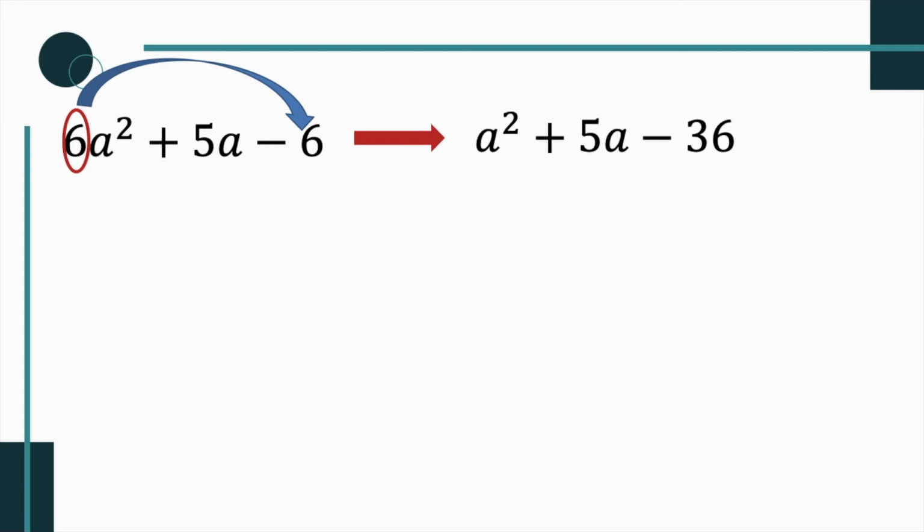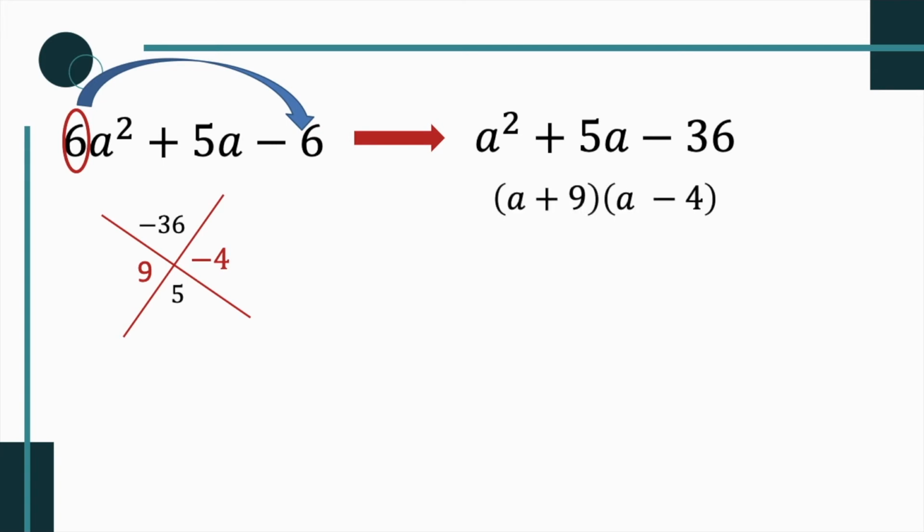Then, using the strategy in examples 1 and 2, the numbers that will give us the product of negative 36 and the sum of 5 are 9 and negative 4. Thus, the factors of a squared plus 5a minus 36 are a plus 9 and a minus 4.